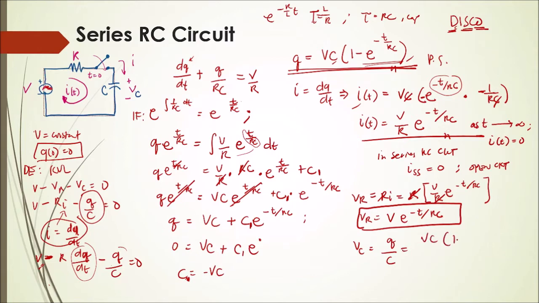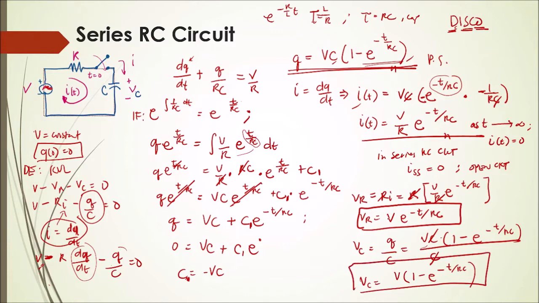VC times 1 minus e to the negative t over RC over C. Cancel this. This is capacitance, ha? So VC is actually equal to V times 1 minus e to the negative t over RC. So this is our equation for VC, equation for VR.